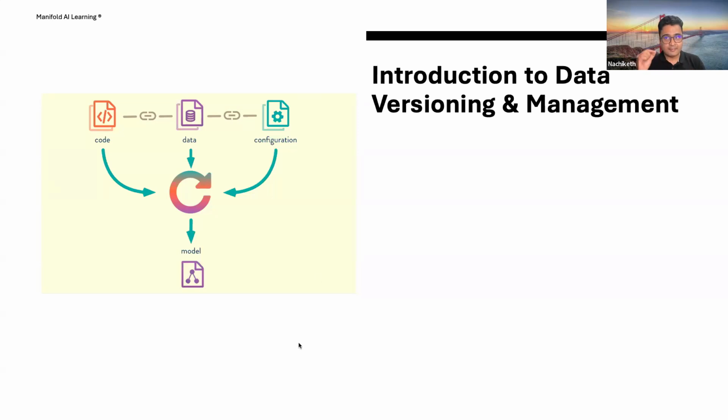The key thing we'll be focusing on in today's session is the data. How can we track the data? Because if there are any changes in the data, there will be a change in the pattern of my machine learning model, which learns from how the model is built and the patterns in this data set.